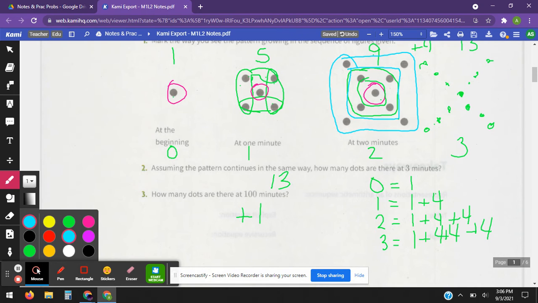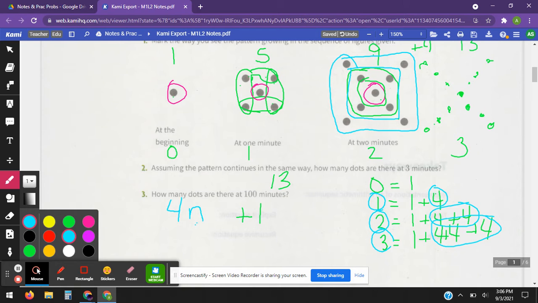So what I'm noticing here is that 1 4 on my first one, 2 4s on my second one, 3 4s on my third one. So how I'm going to put that on here, my term number, my minutes, I guess, 1 minute, I multiply 1 4. 2 minutes, I have 2 4s multiplied plus 1. 3 4s multiplied plus 1.